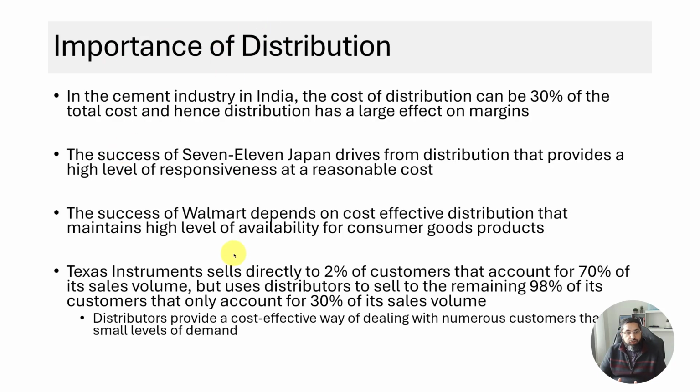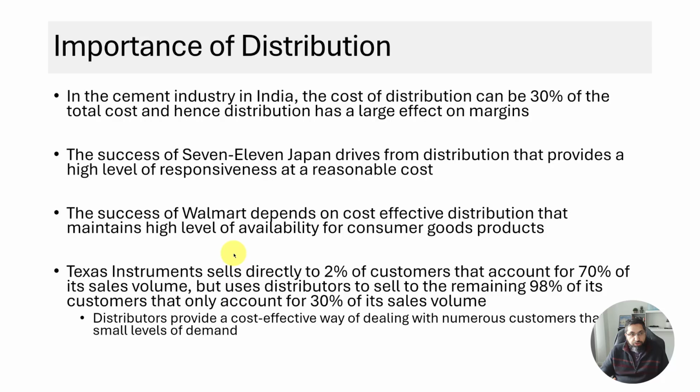If you look at Texas Instruments, they will directly sell to their large customers. A small number of their customers account for most of their sales volume, and they sell directly to them because it's large volumes, large shipments. But then they use distributors to sell to a large number of customers who order only small quantities, because they don't want to be involved in massive distribution operations that distribute their products to many, many customers in a cost-efficient manner.